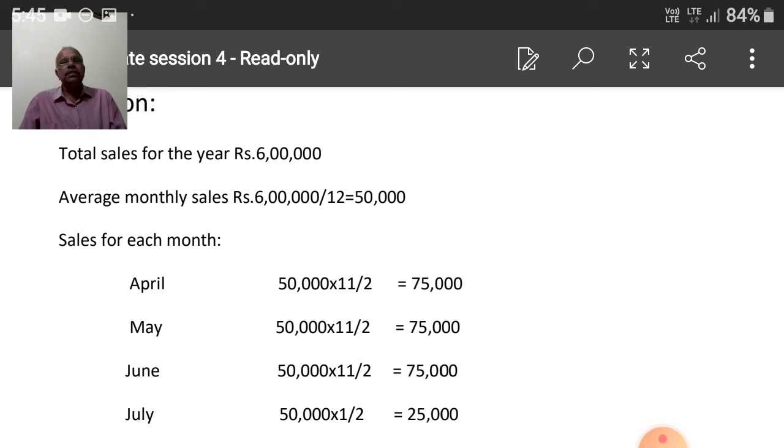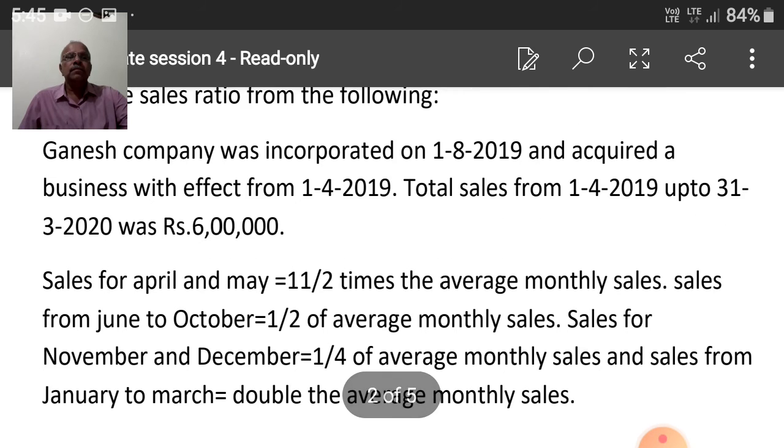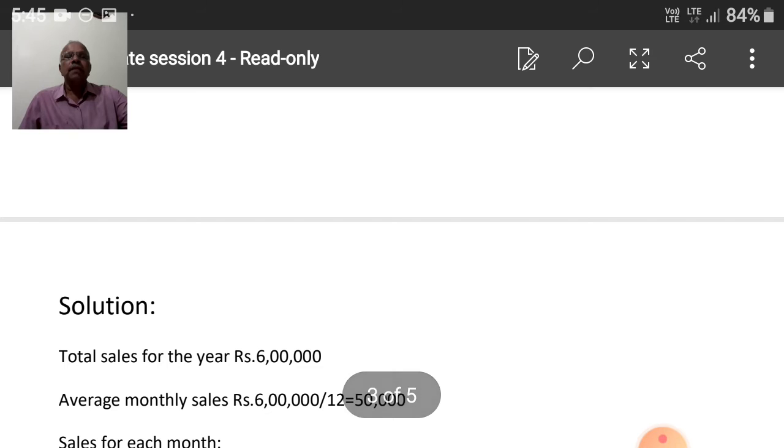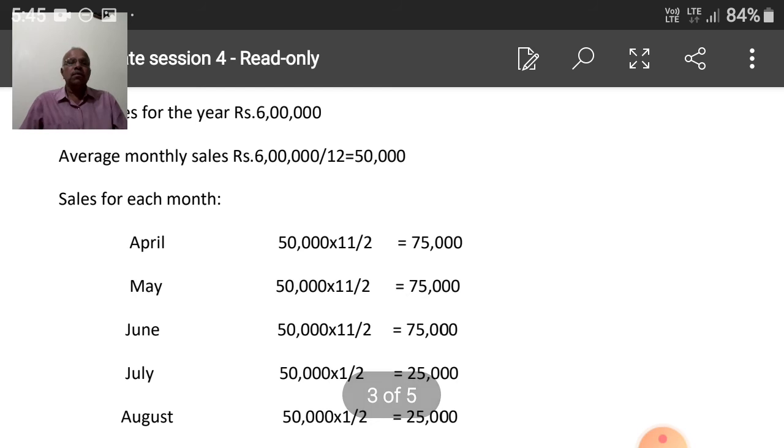Here, April and May are 1.5 times the average monthly sales. That is 50,000 into 1.5, which is 75,000.